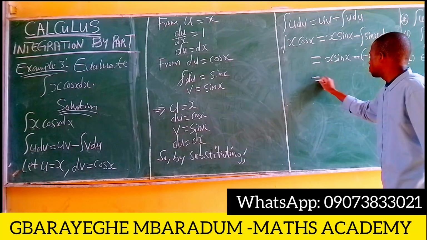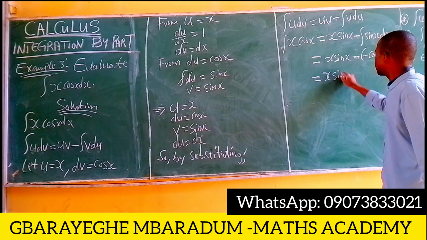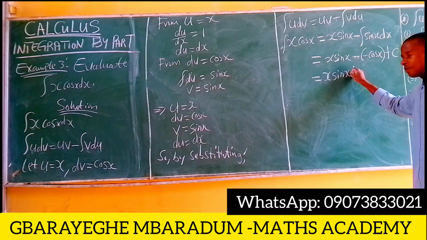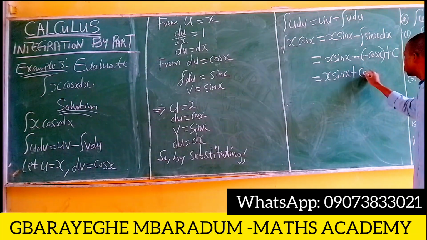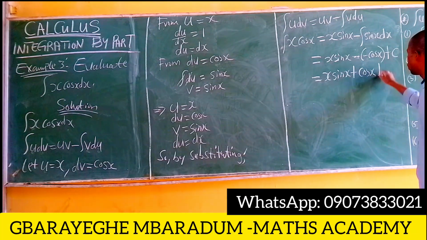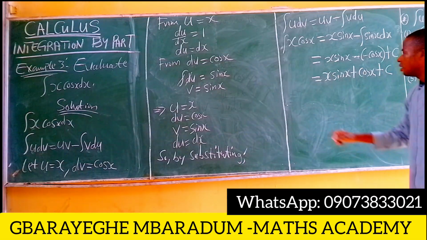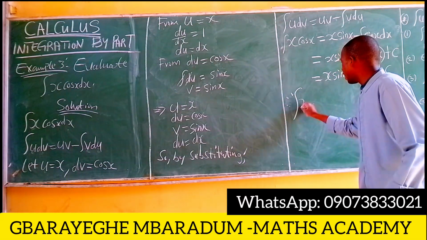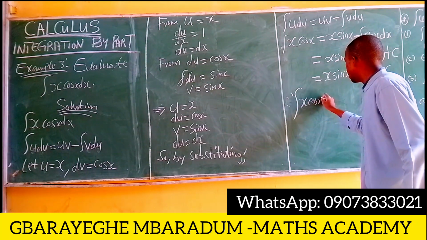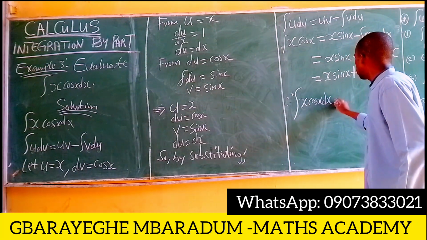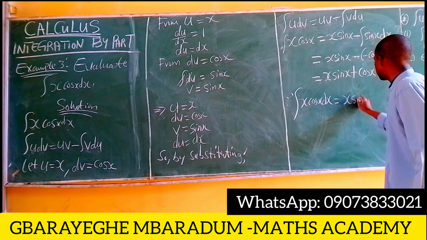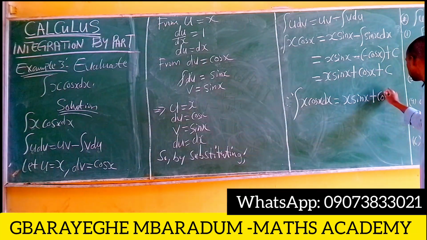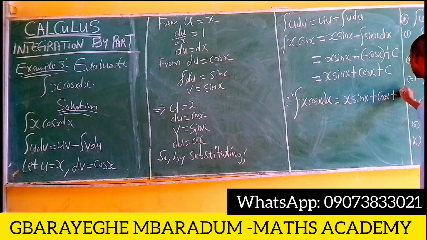So this becomes x sin x, minus times minus gives us plus, cos x plus c. And therefore, the integral of x cos x dx is equal to x sin x plus cos x plus c.